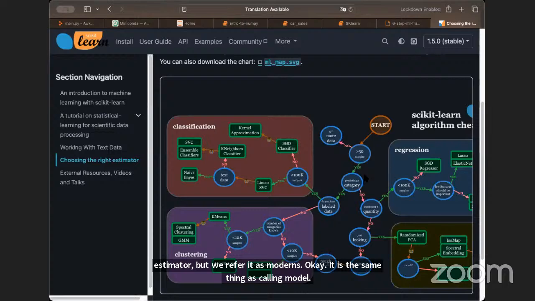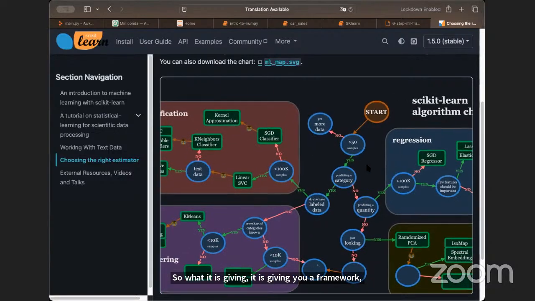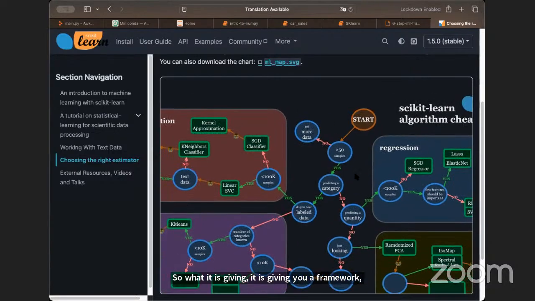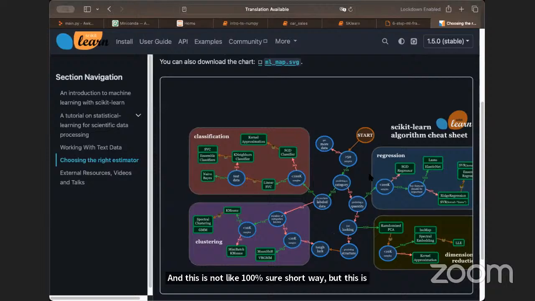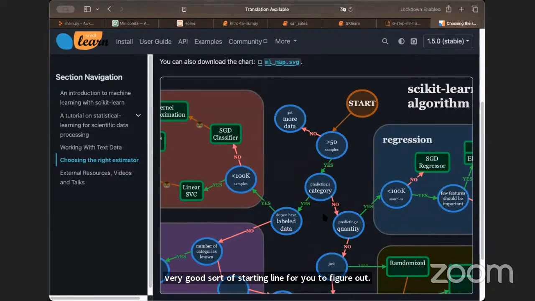So what it gives you is a cheat sheet sort of framework for how you can decide what sort of model you are supposed to use. This is not a 100% sure shortcut, but it is a very good starting line for you to figure out which model you will use. For example, right now we had this heart disease data set. You start: how many samples do you have? Do you have greater than 50 samples?